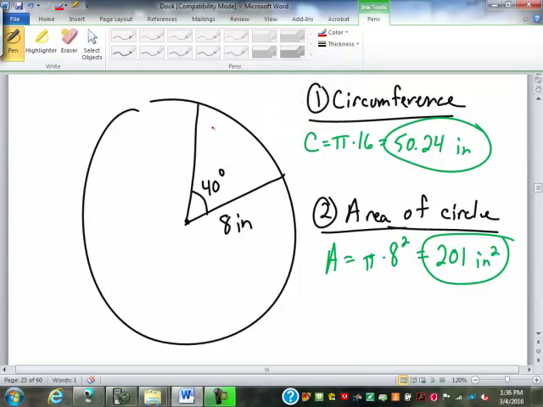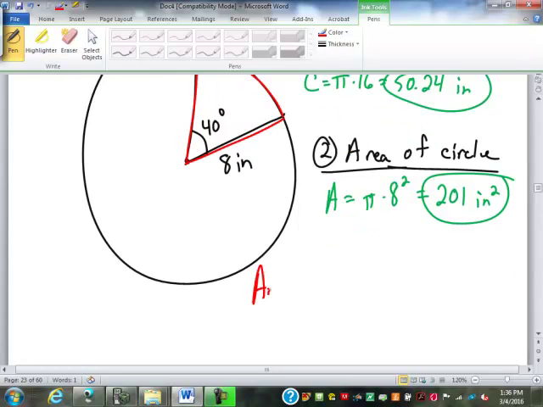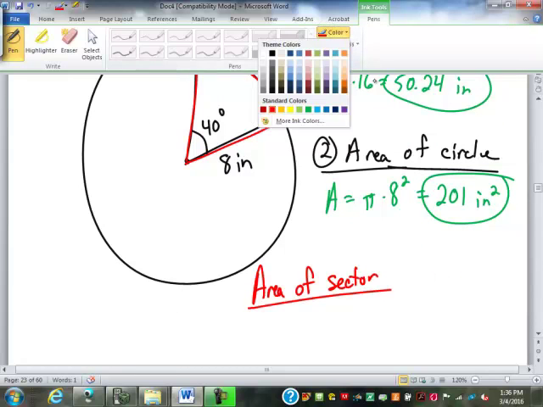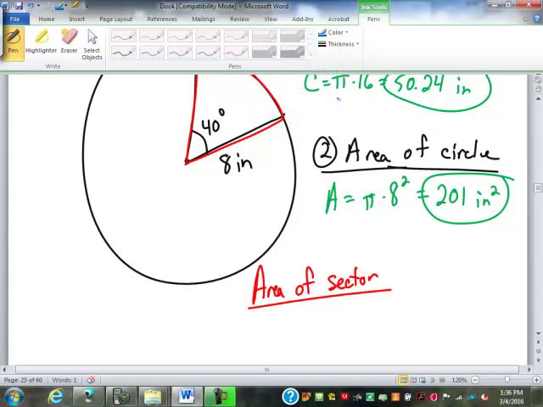Does anybody recall how we would find the area of the sector? The area of that sector is a fraction of the area of the whole circle. This would be A with a circle by it for the area of a circle. This looks like a little cone there. It's actually a pie wedge. It's the area of a sector.